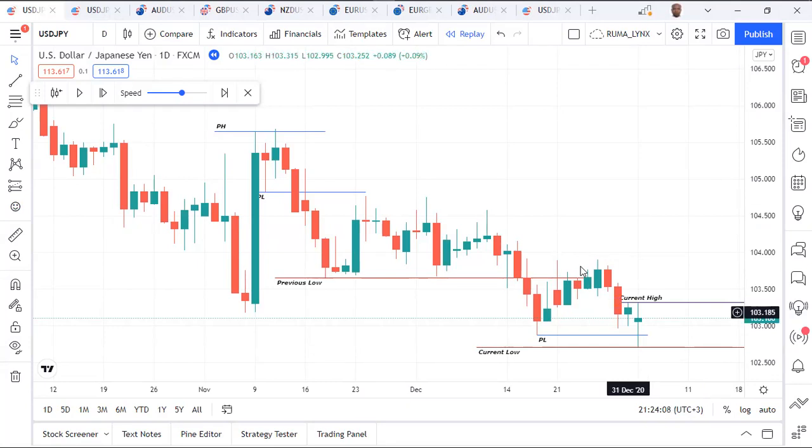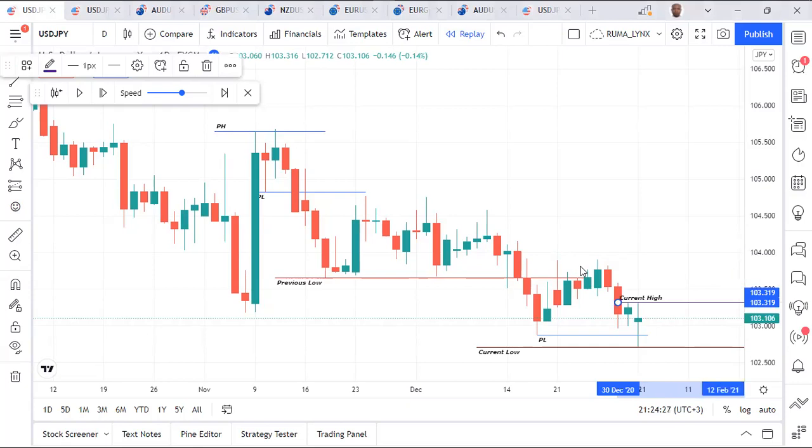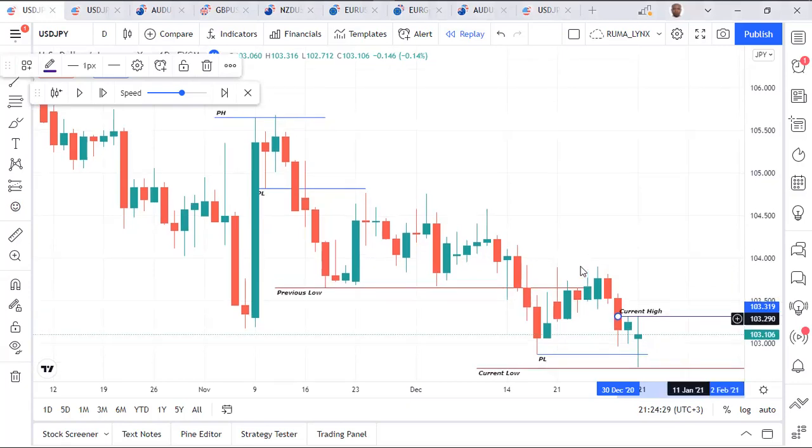So 961 is lower than 995. So only these two form part of the new impulse. And between these two, which one is higher? This one is 103.315, and this one is 103.316. So actually, the highest point, and I can zoom so you can see, is this candle that has a wick here. This one.